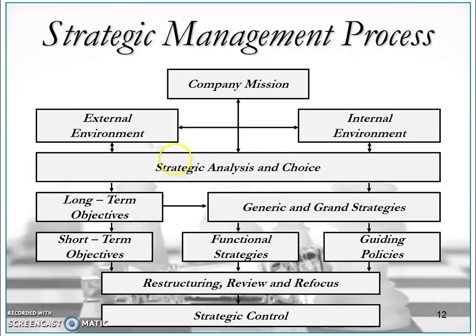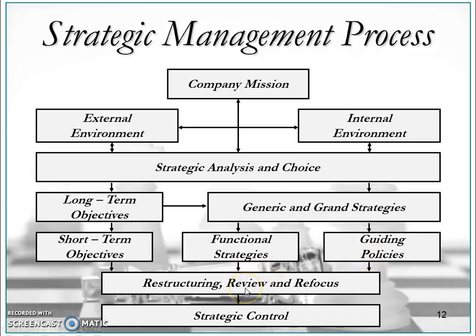Now, once a strategy has been chosen by the organization or the formulation process is done, the next aspect is translating these choices into generic and grand strategies which have been considered at the analysis step. The organization transforms them into long-term objectives and short-term objectives, and over here these grand or generic strategies or corporate or business level strategies are transformed into functional strategies and guiding policies.